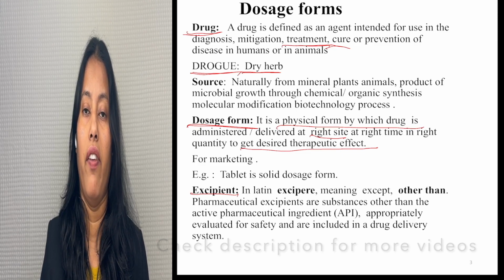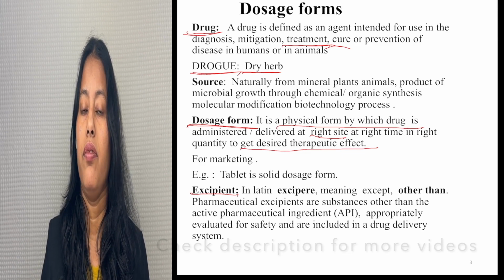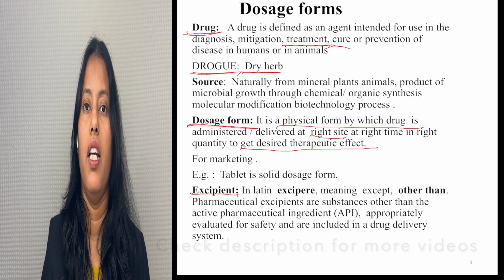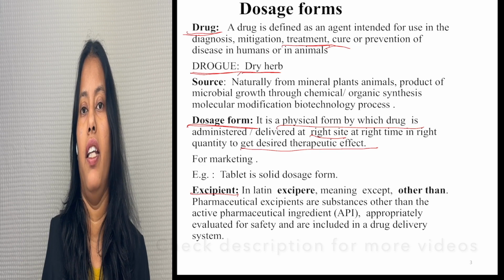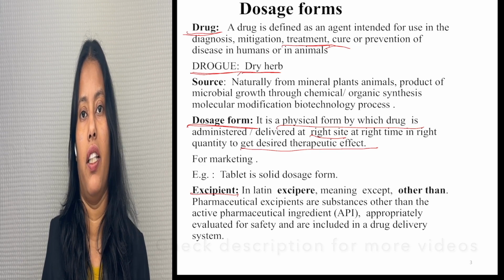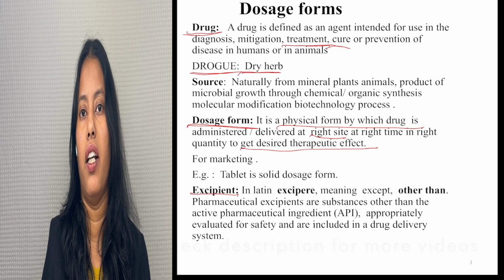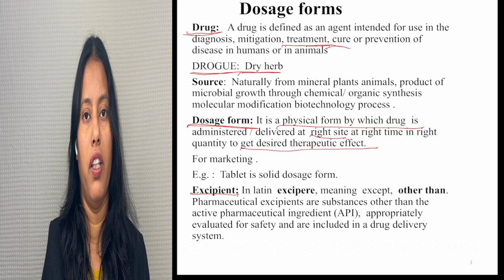They should not have their own therapeutic action or adverse effect. Your excipient should be tested properly so that it has no effect on patient health. They should not affect stability, alter the appearance of the product, or alter its therapeutic benefit.